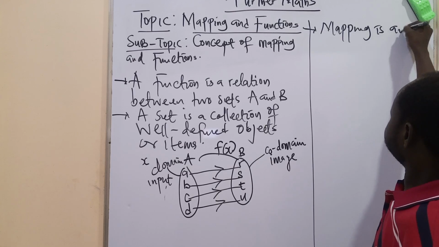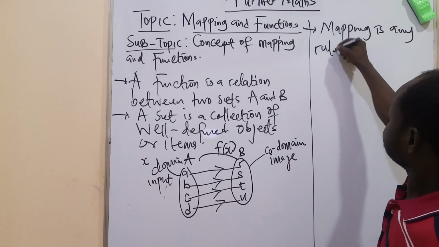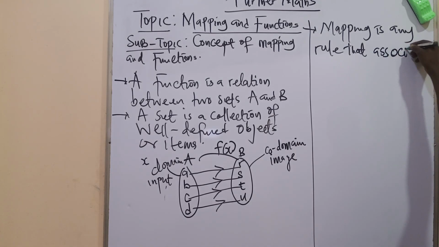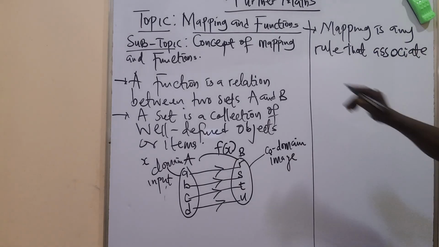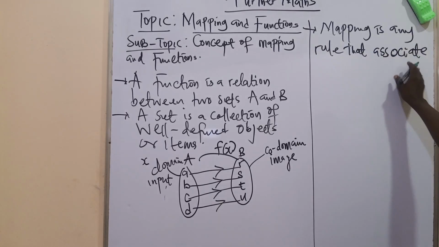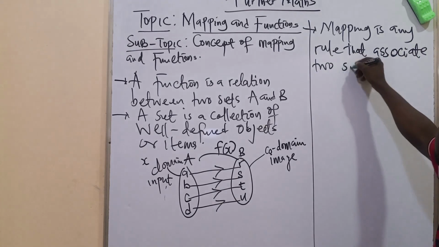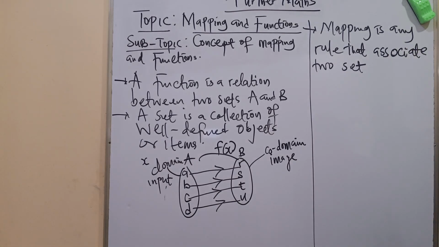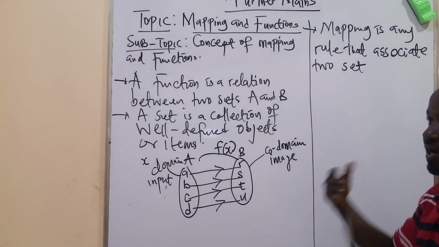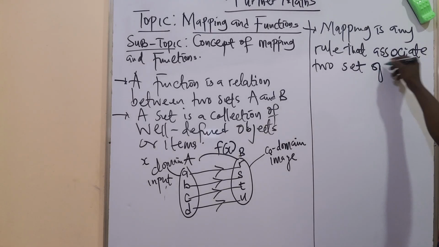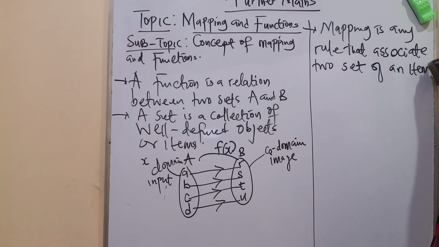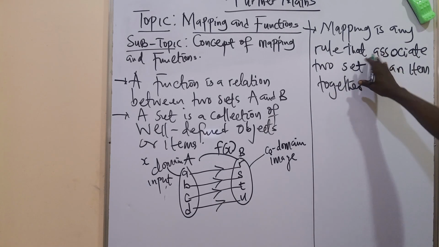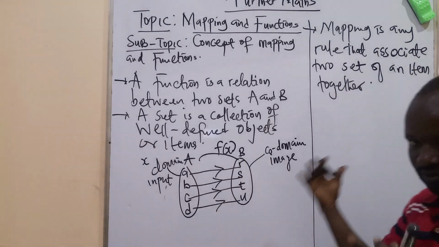Mapping is any rule that associates two sets of items together.